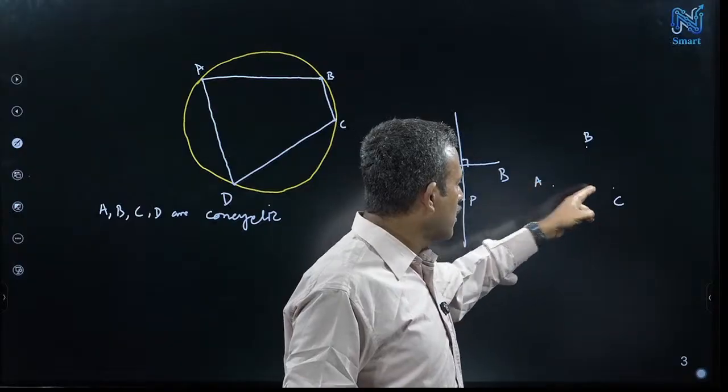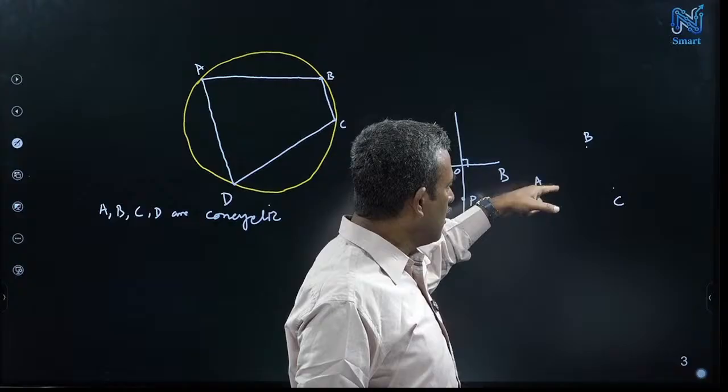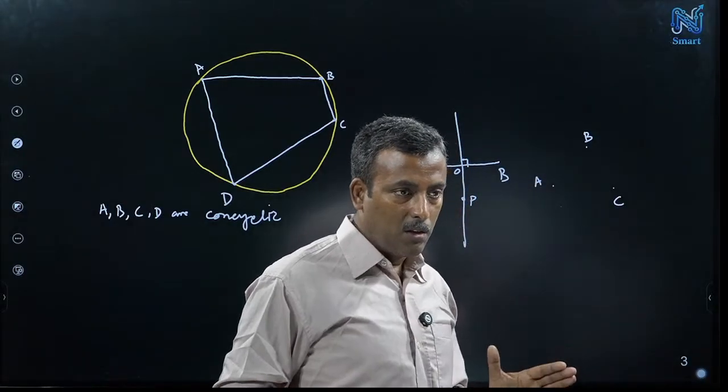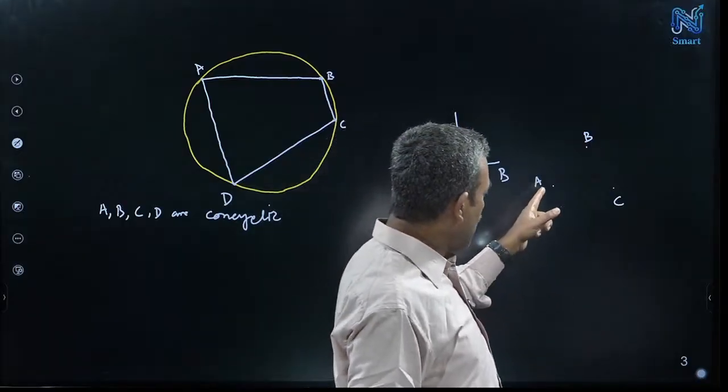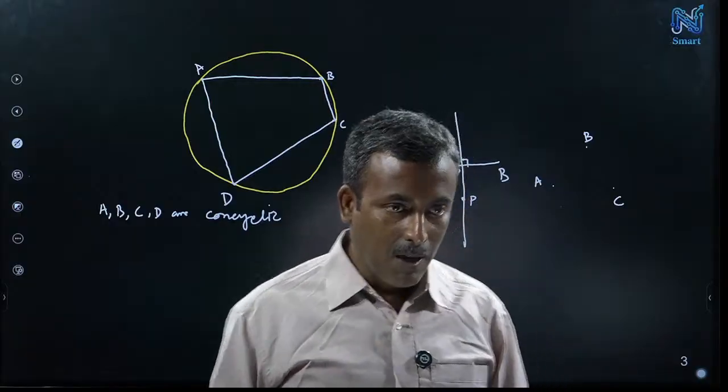Now take the perpendicular bisector, because you have to first draw a circle passing through A and B. So take the perpendicular bisector of AB. You need that center also for the circle passing through A and C. So take the perpendicular bisector of AC.